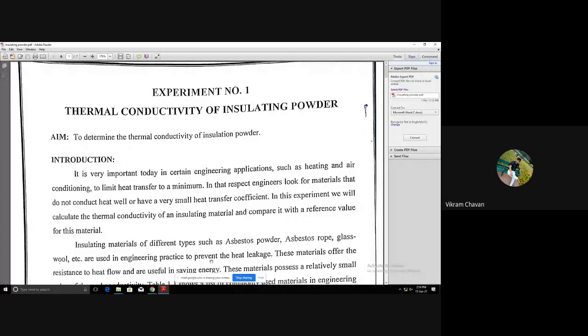Now it is visible. Screen is visible. Please reply whether the screen is visible.